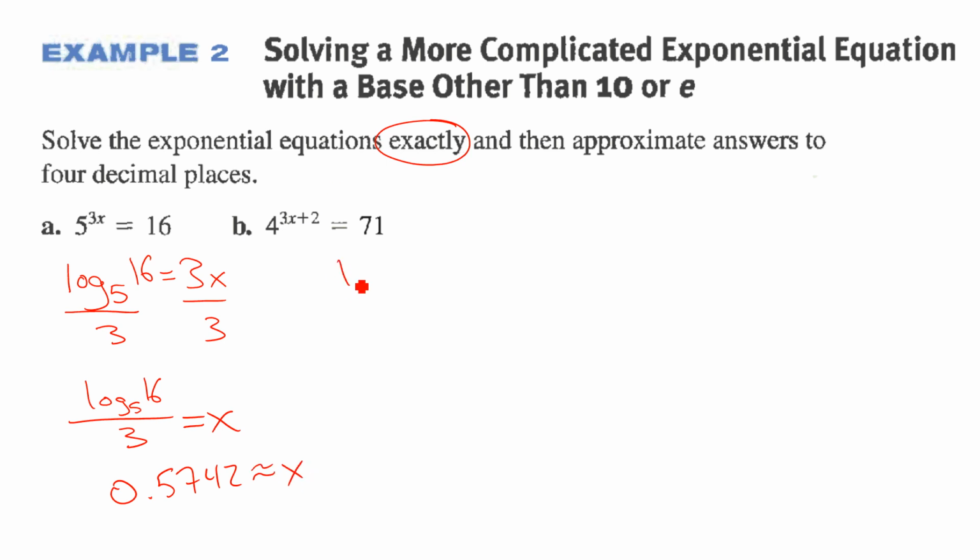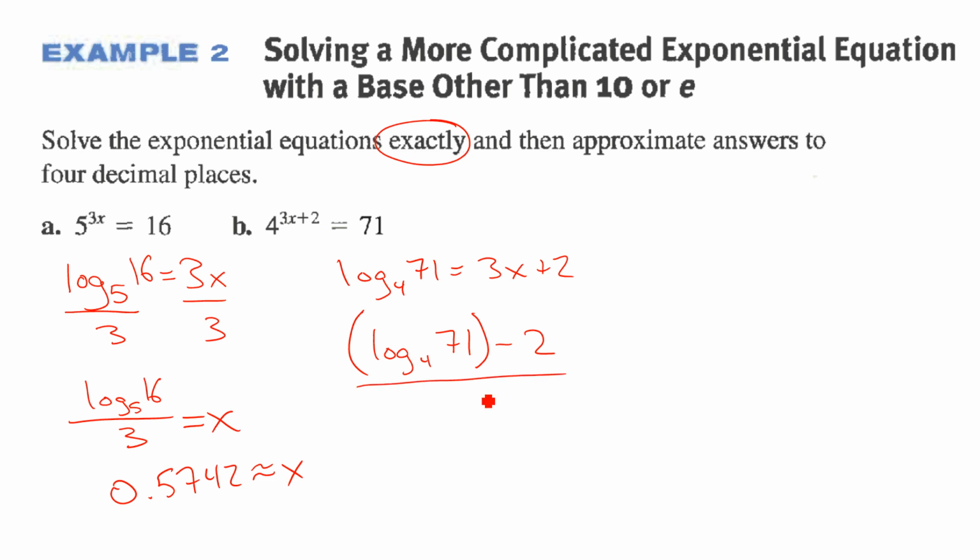Let's do the next one. This is log base 4 of 71 equals 3x plus 2 when we write it. So we'll have log base 4 of 71 minus 2, and if you want to, put the whole log in parentheses so you don't get it mixed up. And then the whole thing divided by 3. That's equal to x. All right, plug this in and get an approximate answer.